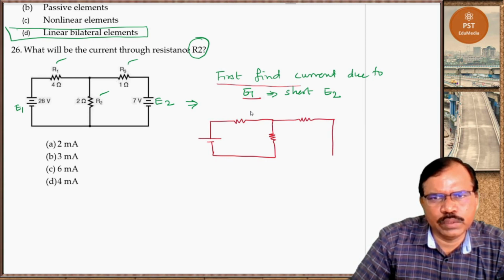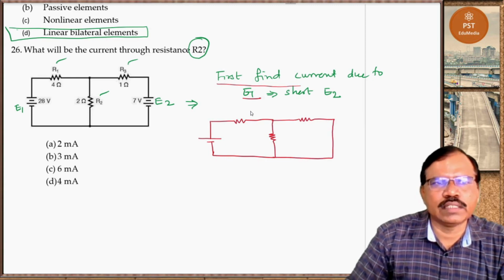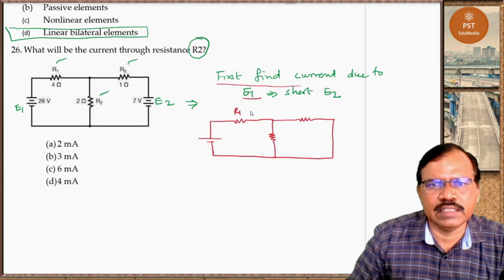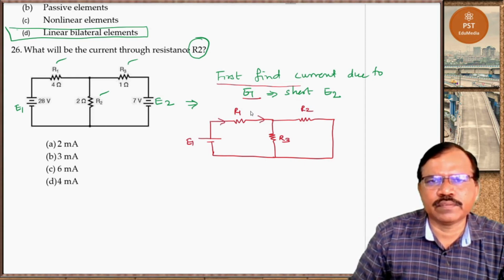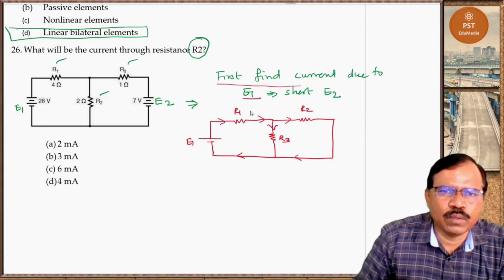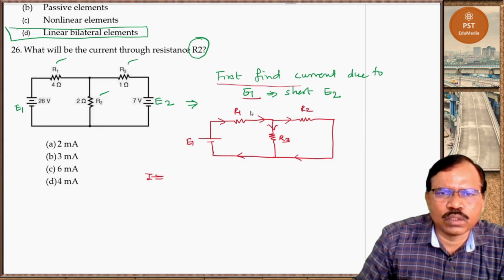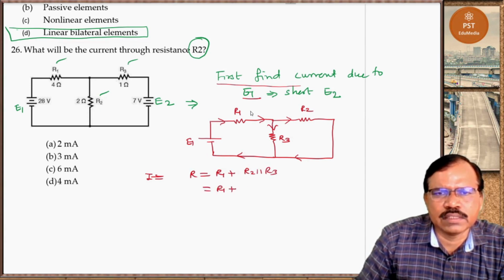Now E2 is shorted. Let us call this resistance R1, this resistance R2, this R3, and this is E1. If we go here, the current will flow like this. So what is the total resistance in the path? That is R1 plus R2 parallel R3, so R1 plus R2 into R3 upon R2 plus R3.